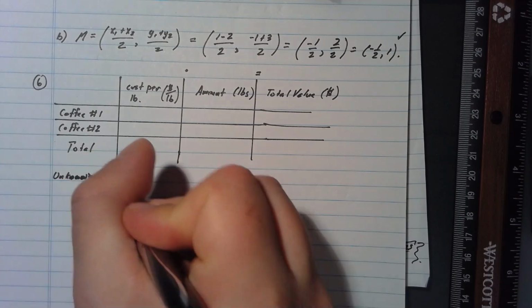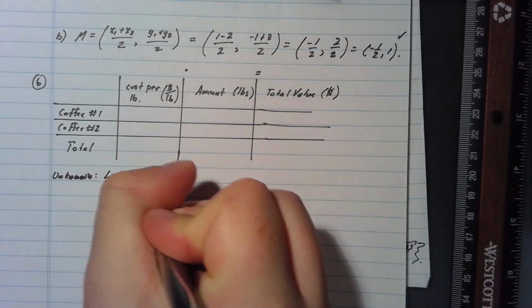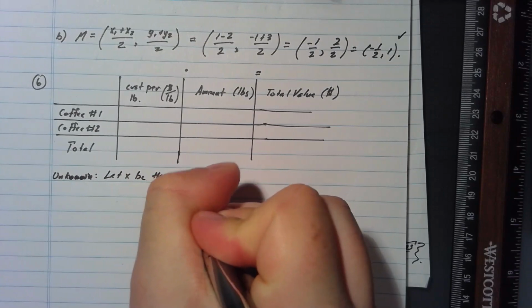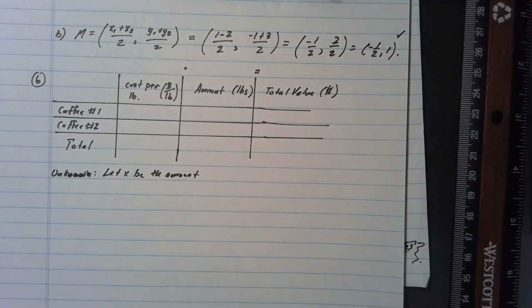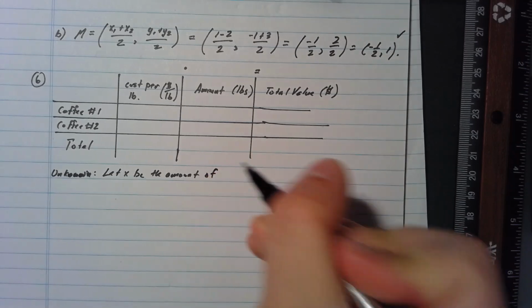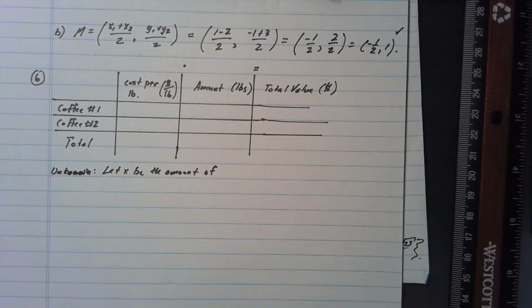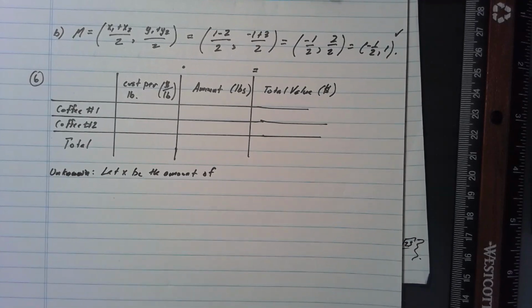So we want to let X be the amount of one of the coffees, either coffee 1 or coffee 2. I'll let X be the amount of coffee 1.